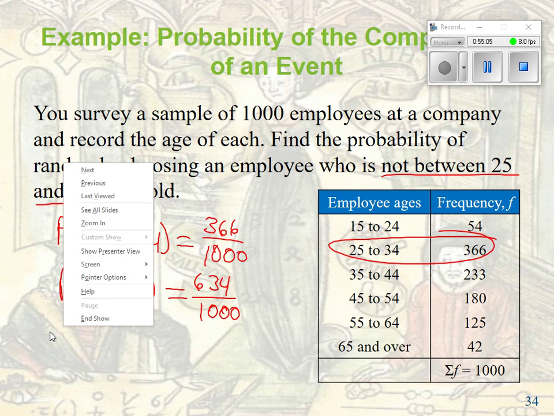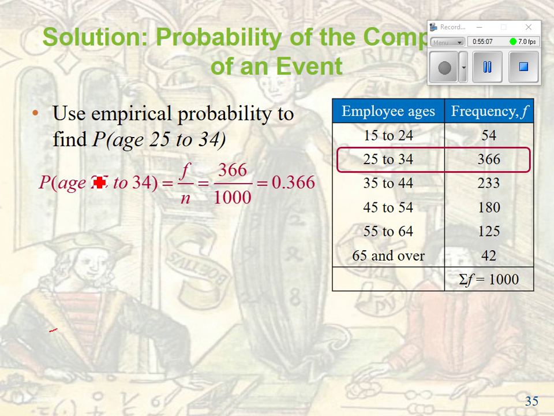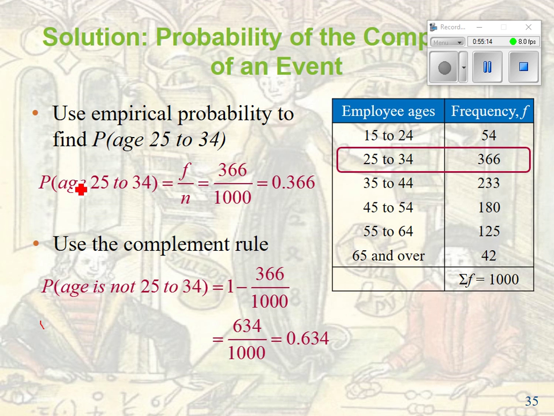The complement rule is 1 minus that, 634 out of 1,000, so you get 0.63. And if you changed it to a decimal, you could have just done 1 minus that on your calculator and got this answer without even having to deal with the fraction.